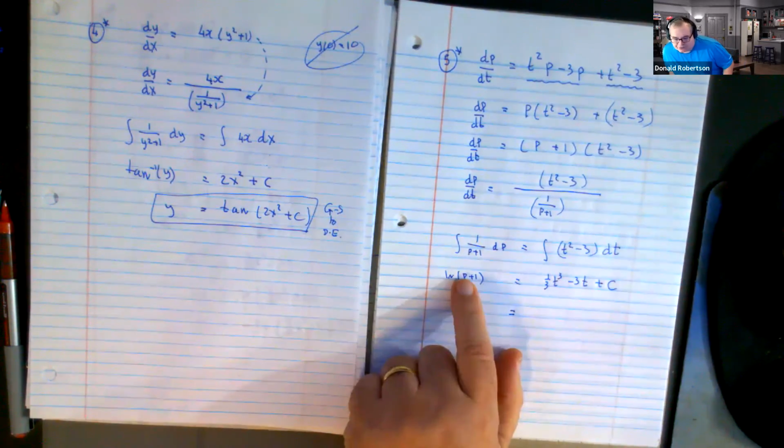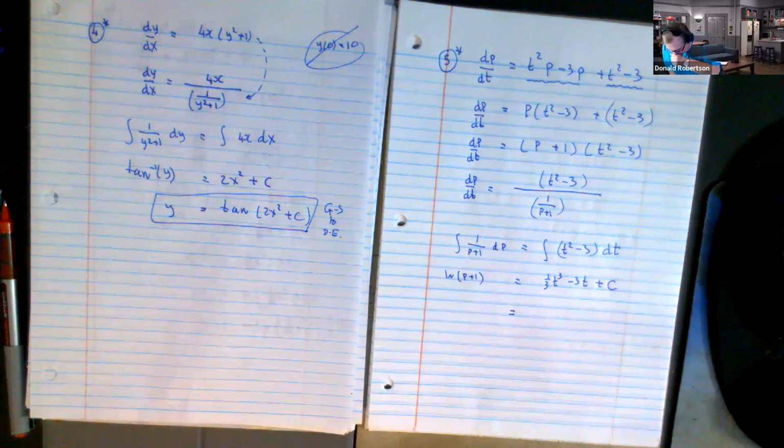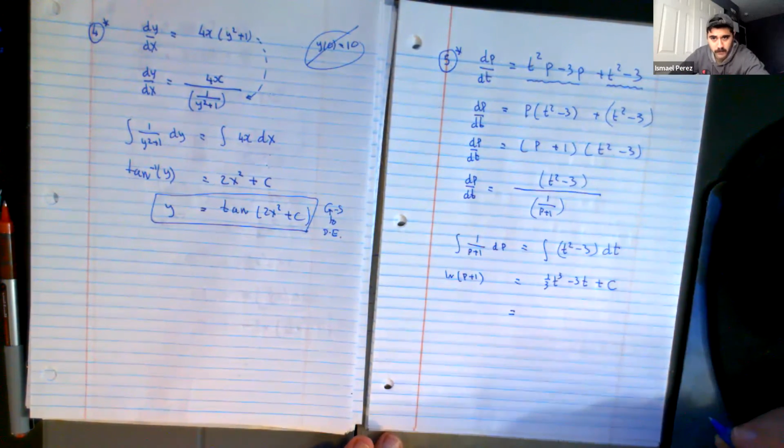And I want this to be P equals. Okay, tell me what to do to both sides to get closer to P equals. You raise it to the e power.